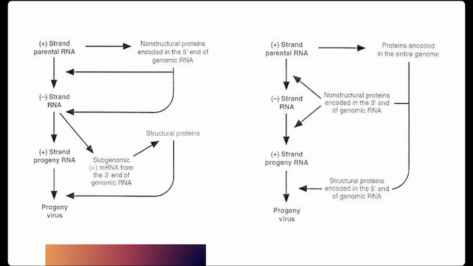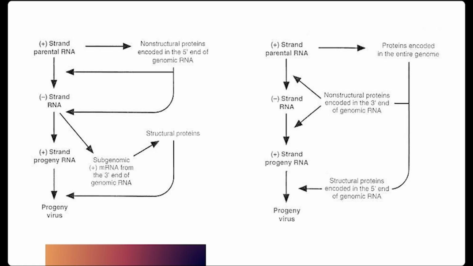So this is the difference between them. They're just focusing on the actual stranding of it. So the positive strand is what's sent over. So the alpha virus is to the left, where you can see it's turning back into its positive form before it can make its proteins, while in flaviviruses, it's only turning into its positive form for its progeny RNA.